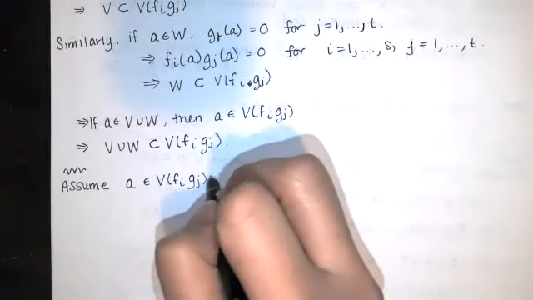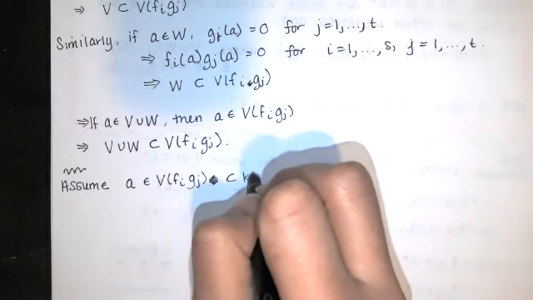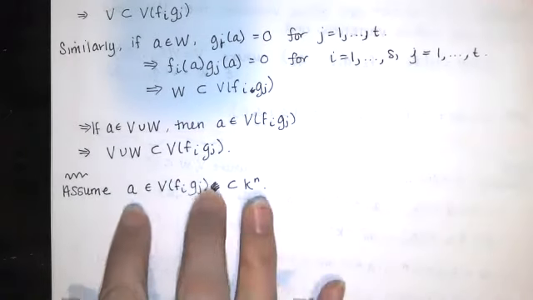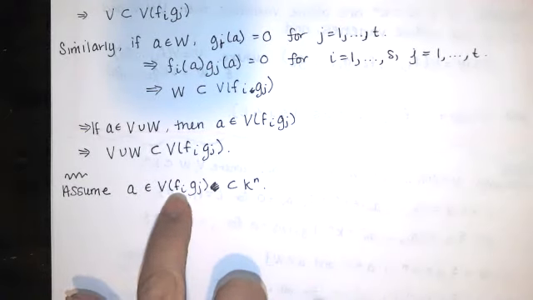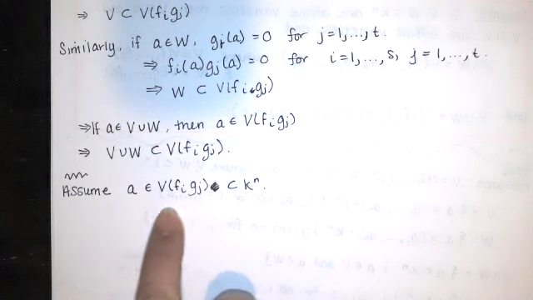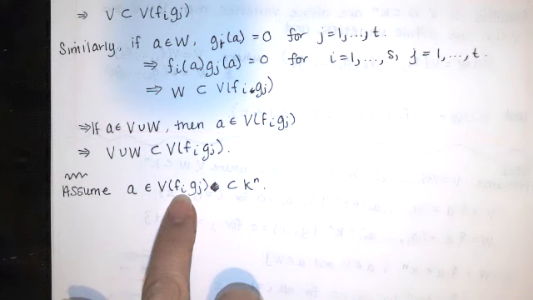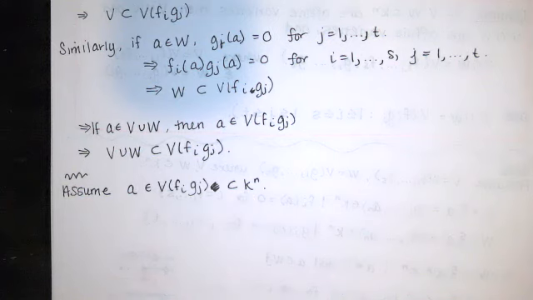Now remember, this is a subset of n-dimensional affine space. So when we say that a is an element of this set, we're saying that these products are all equal to 0 for i equals 1 through s and j equals 1 through t in n-dimensional affine space.